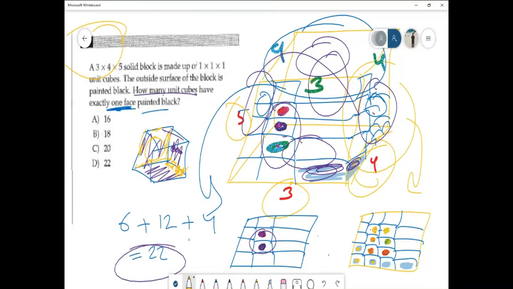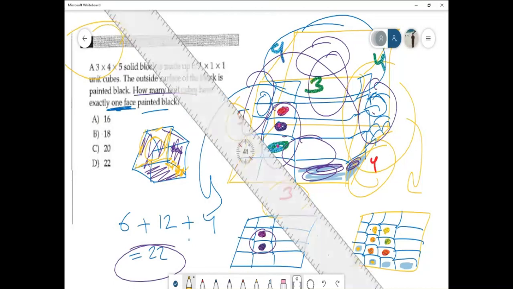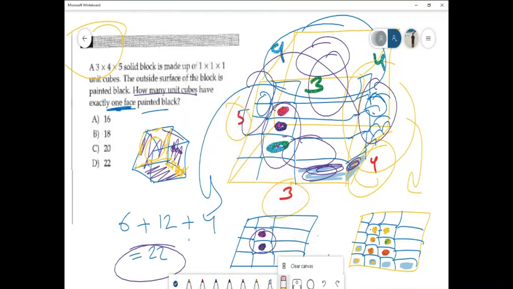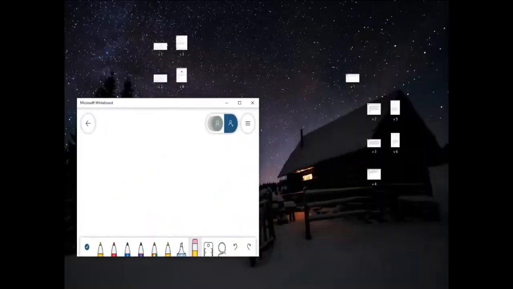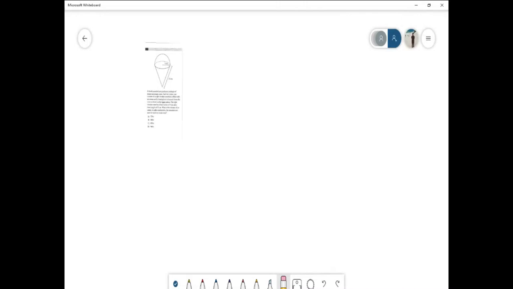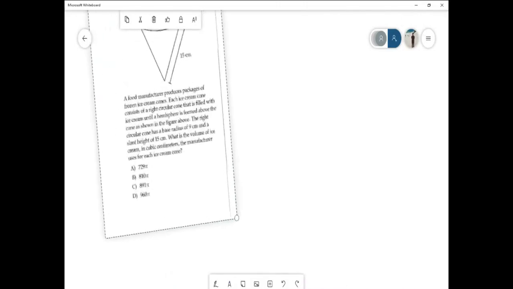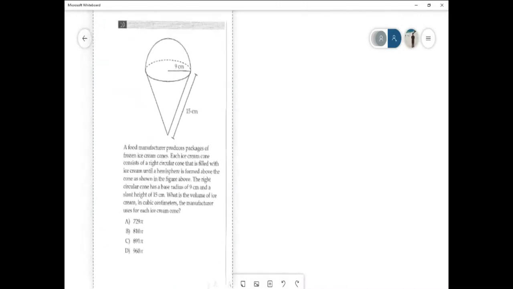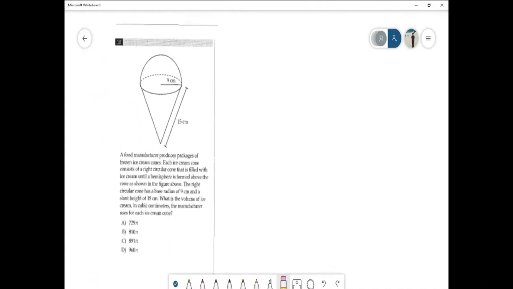If you understand the main idea of this question, then you're good enough to solve other questions as well. I can solve it much faster, but I'm showing it to you, I'm drawing.